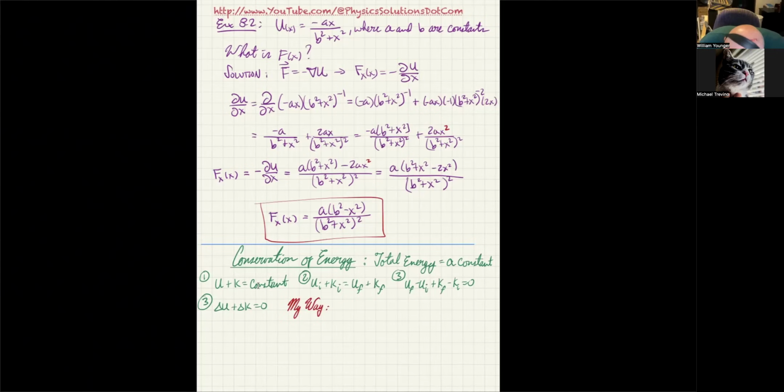I say UI plus KI plus work in is equal to U final plus K final plus work out plus E loss. Now, this is true for the other versions as well.